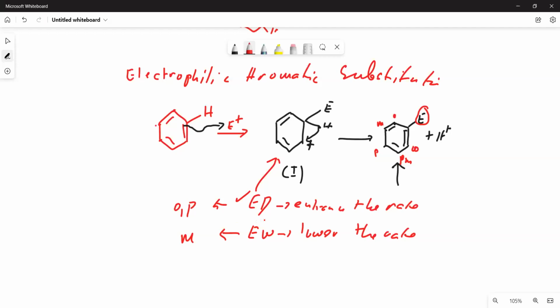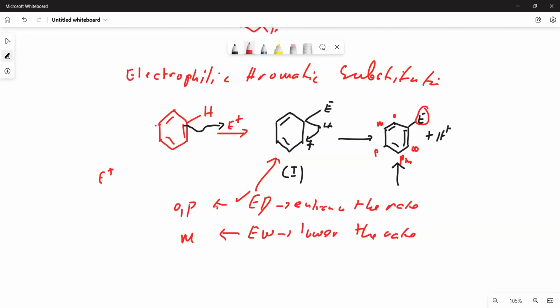Why can an electron donating group direct the next electrophile at the ortho and para positions? Electrophiles are electron deficient. So the fact that it is attached at the ortho and para positions means to say that these carbons have higher electron densities compared to the meta.